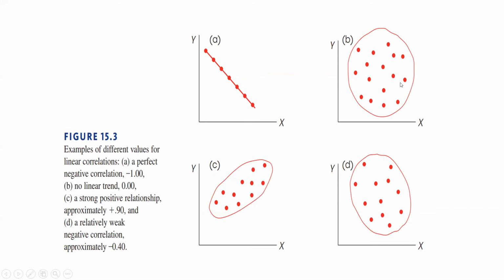The points are literally scattered all over the diagram. So this is either one, it does not assume a linear relationship or a linear trend. No, so there's no relationship at all.